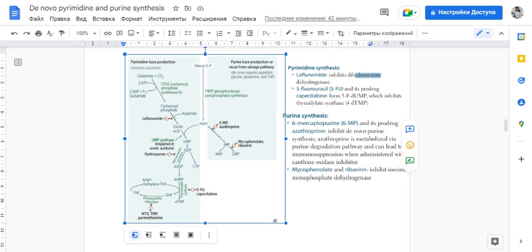For production of carbamoyl phosphate, we use an enzyme called carbamoyl phosphate synthetase 2, and carbamoyl phosphate synthetase 1 is used in the urea cycle.